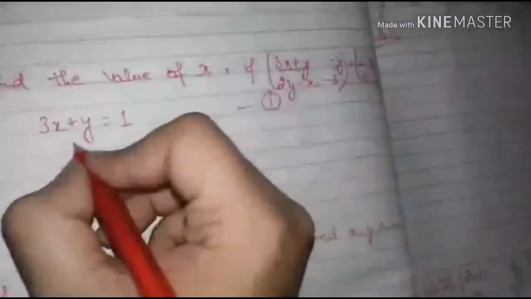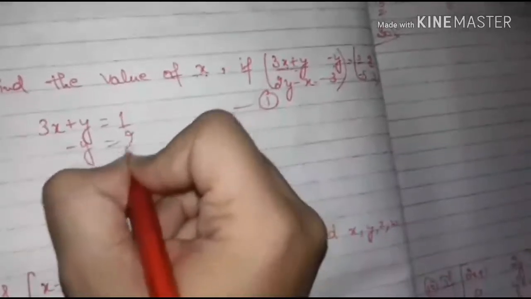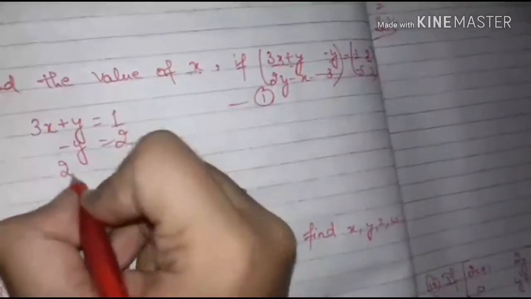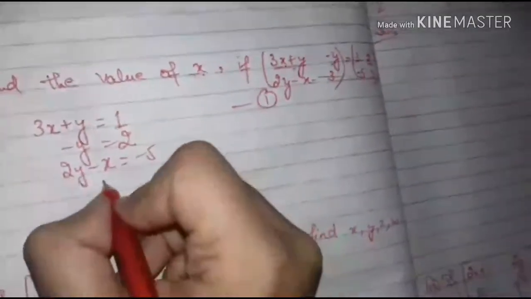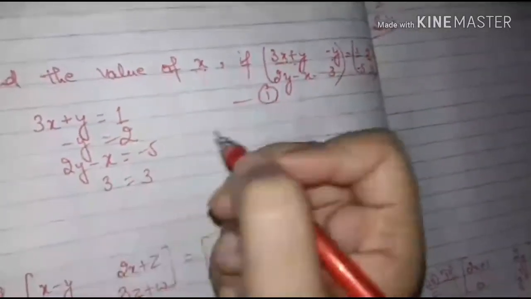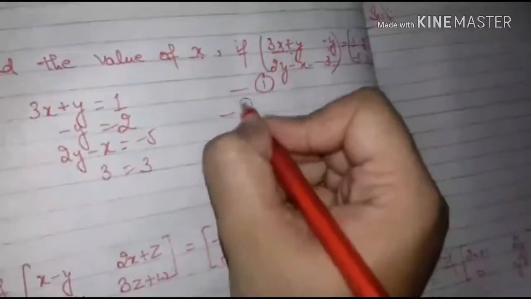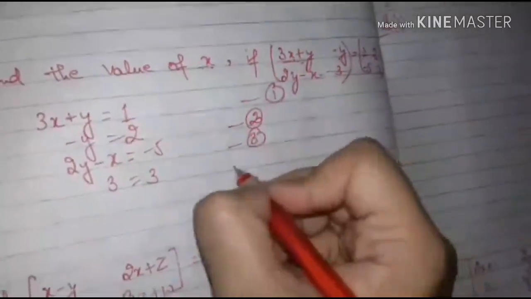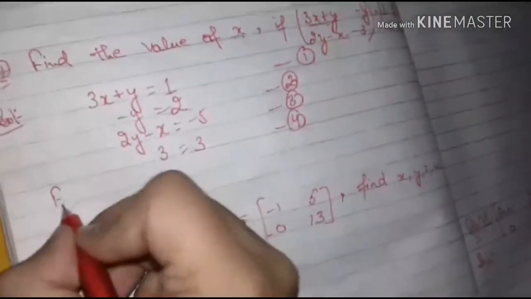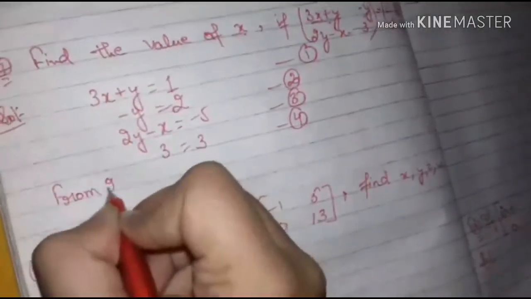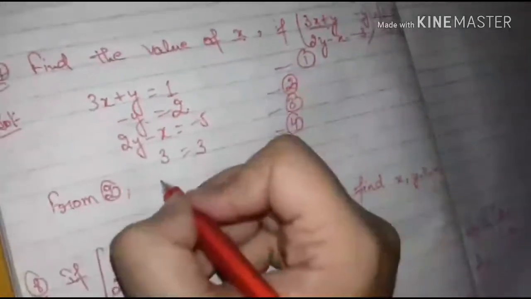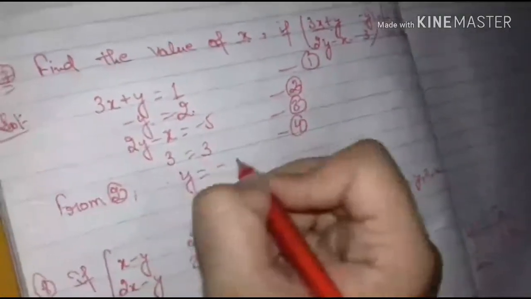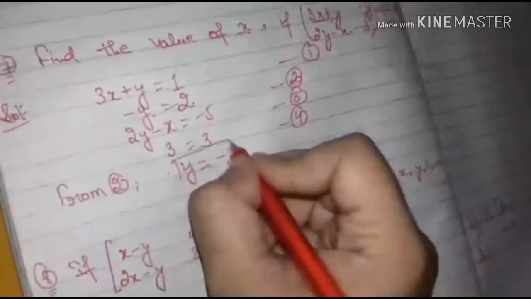So minus y will be equal to 2. Next 2y minus x is equal to minus 5. 3 is equal to 3. Second, third and fourth.